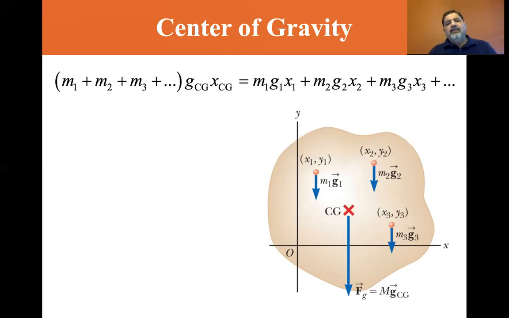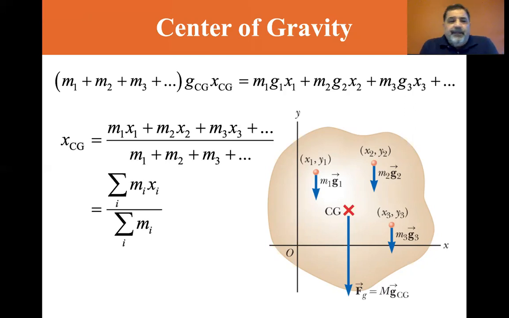So we have M1 plus M2 plus M3 and on and on through M sub however many i's there are, times the gravitational acceleration at the center of gravity times the x position of the center of gravity, equal to M1 G1 X1 plus M2 G2 X2 plus and so on.